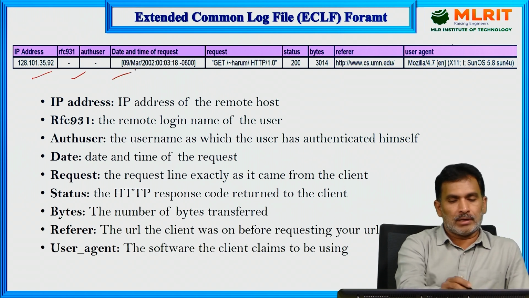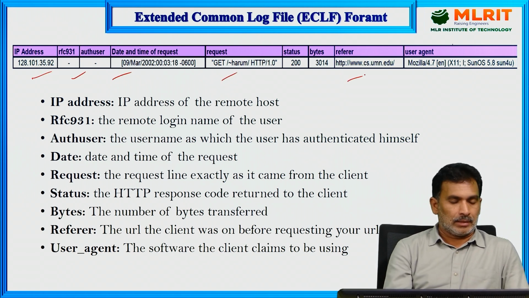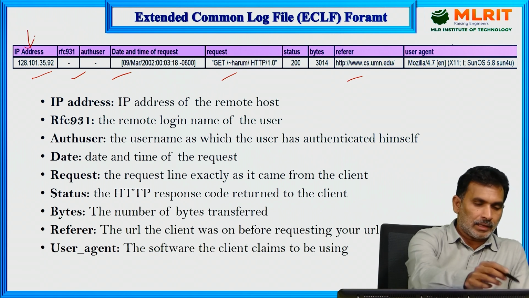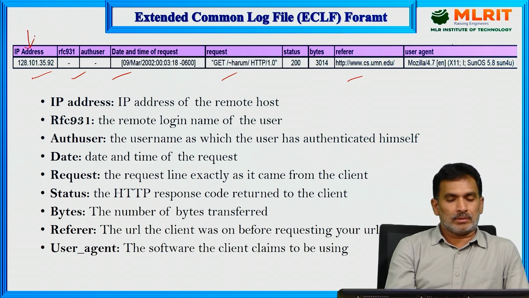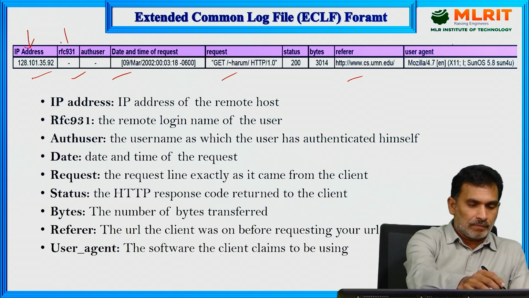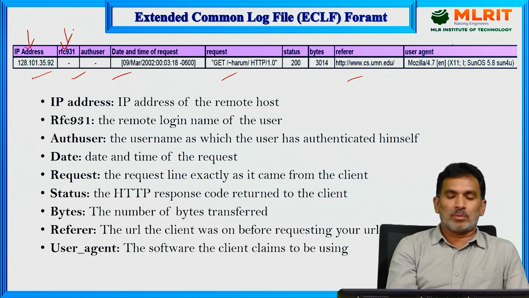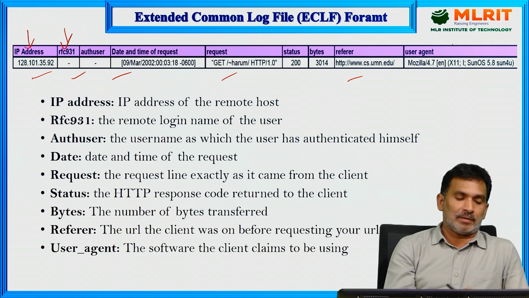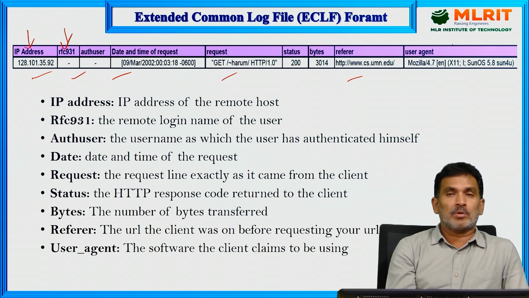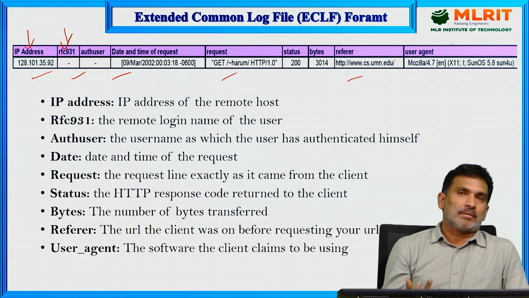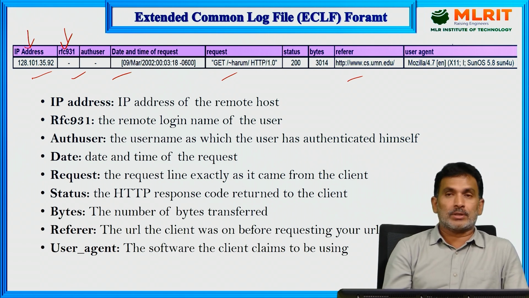Let us see the purpose of each field: the IP address of the remote host; RFC 931, the remote login name of the user; the authenticated user, the username as which the user has authenticated himself; the date and time of the request; the request line exactly as it came from the client; and the status, that is the HTTP response code returned to the client.